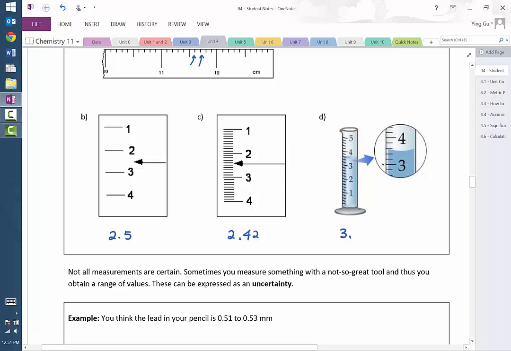So it's 3.2, 3.4, 3.6. Now it's between 4 and 6. We can probably say that this is 3.5. Makes sense? And it's 3.5 because I'm looking at the meniscus. If you were super confident in your reading skills, you might be able to argue your way through one more decimal place, but I think that would be very challenging to do. Alright.